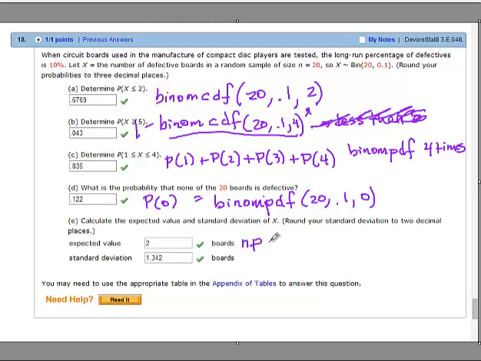So that would be my n is 20, probability is 0.1. For my standard deviation for a binomial, it's the square root of npq. So that would be the square root of n is 20, probability is 0.1, and q is the opposite of that probability, or 1 minus p, which would be 0.9, and if you crunch those numbers, you'll get what's sitting there.